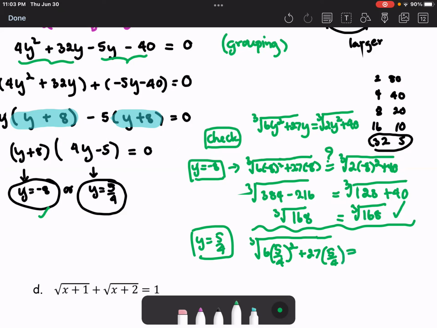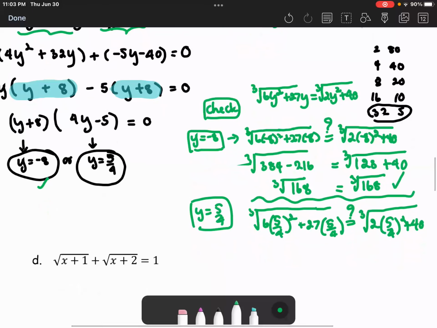Is that the same value as the right hand side, which is the cube root of 2 times 5 over 4 squared plus 40? And then work on the number, and it turns out to be the same value, where the left hand side is the cube root of 345 divided by 8, same as the right, which is the cube root of 345 divided by 8. So we keep both solutions.